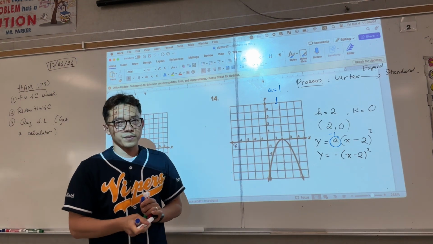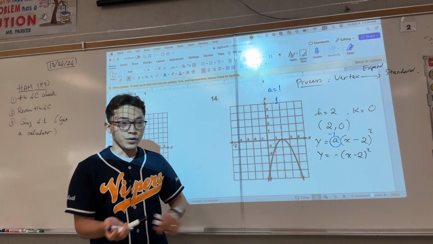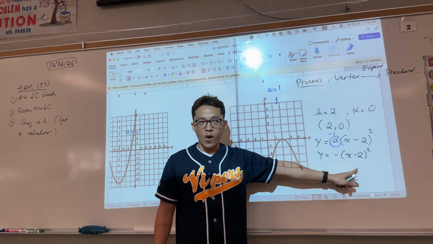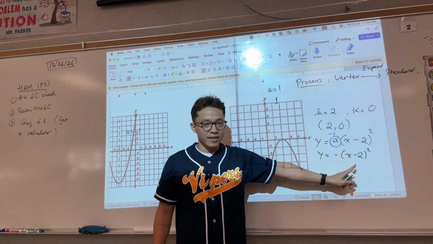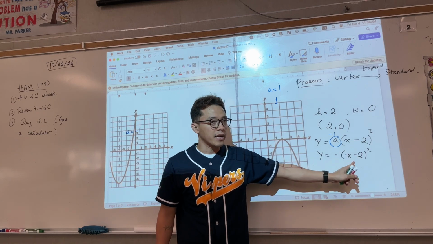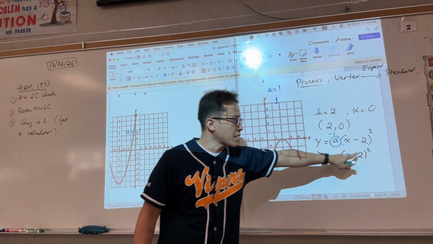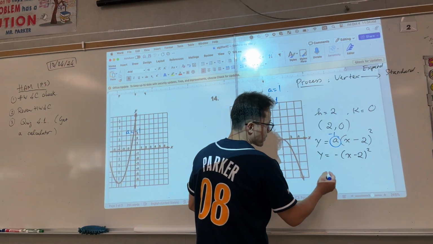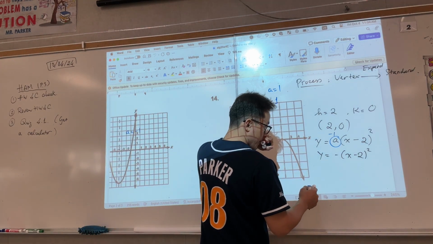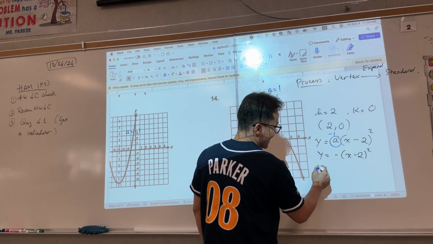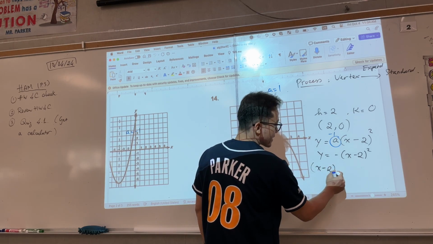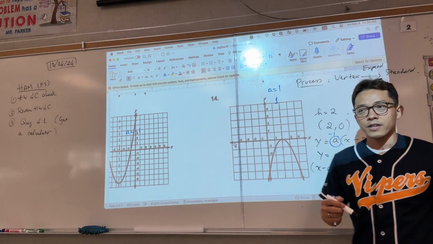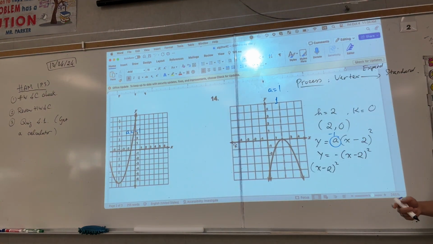What are you gonna do? Did you see the negative inside? No, don't do that, okay? I hope no one is going to do it. You don't distribute the negative right away. You need to take care of the square first, okay? How do you take care of the square? Square root is when you're solving, when you cancel the square by using the square root to find a solution.